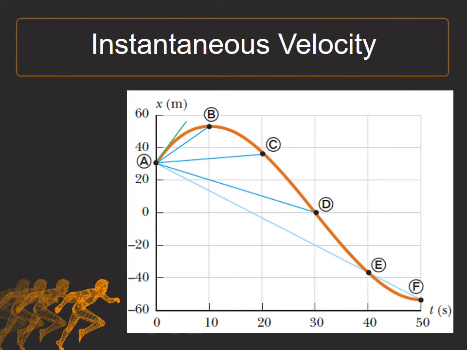If we want to find the average velocity, diba, ang kino-consider lang natin is displacement all over time. And displacement only considers the two endpoints, yung final and initial position.